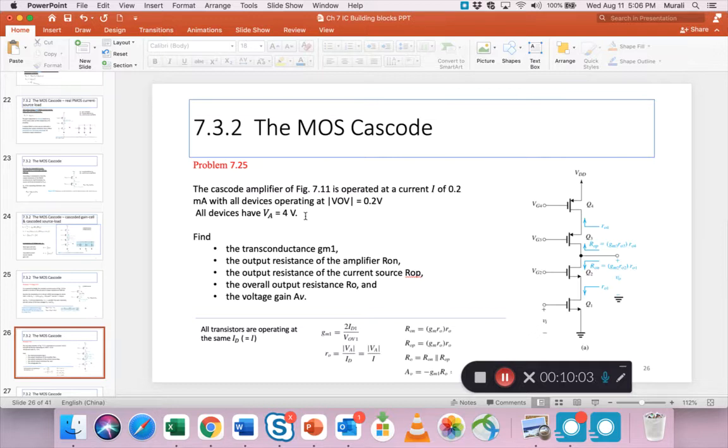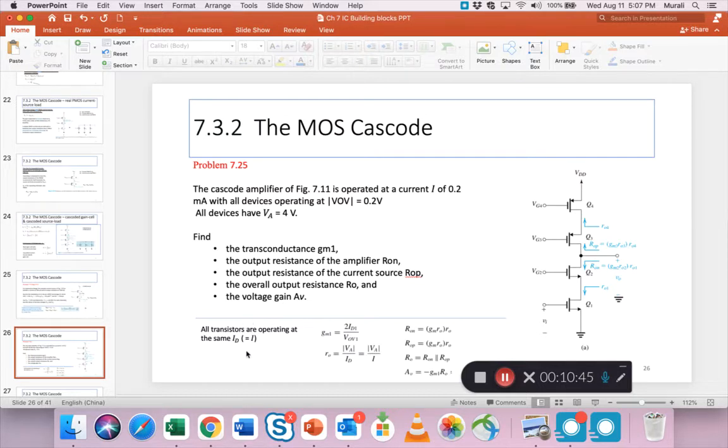All devices have a VA of 4 volts, and they are supposed to operate at a given overdrive voltage of 0.2. With this, find the transconductance GM1, the output resistance of the amplifier RON, meaning this portion, the output resistance of the current source, which is this ROP, the overall resistance RO, which is the parallel combination of RON and ROP, and then the voltage gain.